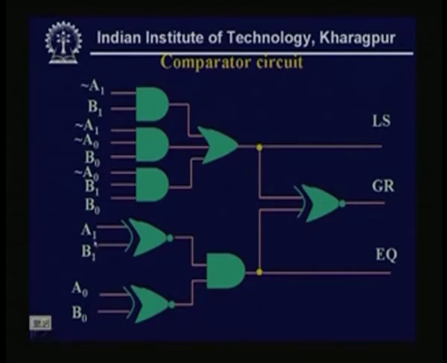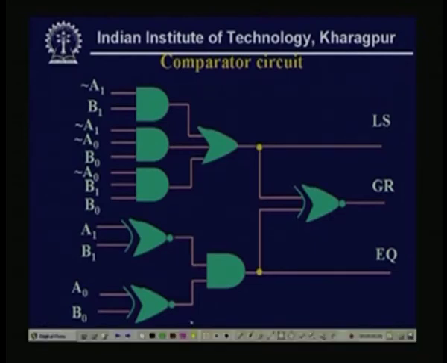The equal line is A1 XOR B1 and A0 XOR B0, and then they are combined, which gives my equal line. Similarly, the LS line will be realized by AND-OR circuits, and the GR line will be realized by AND-OR circuits with XORs.